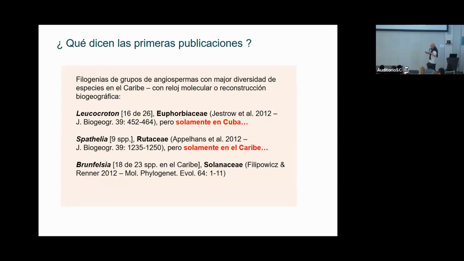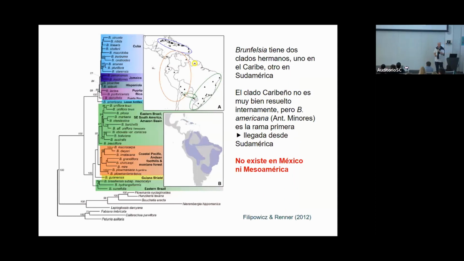And if we look at the literature, it is quite interesting which groups have been studied. Leucocroton, Brad, you're also here, so you will see your name up on the slide, is a genus which exclusively grows in Cuba. Then Spathelia is also only in the Caribbean, and as you can imagine, we need to think about which taxa to sample in order to test these hypotheses.